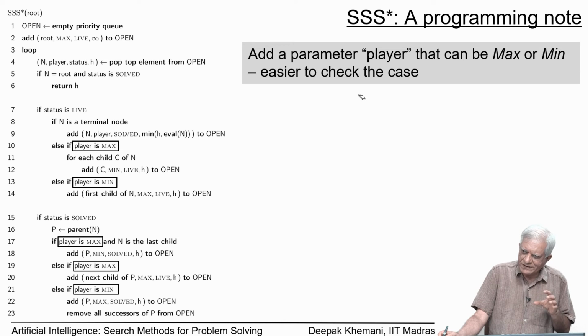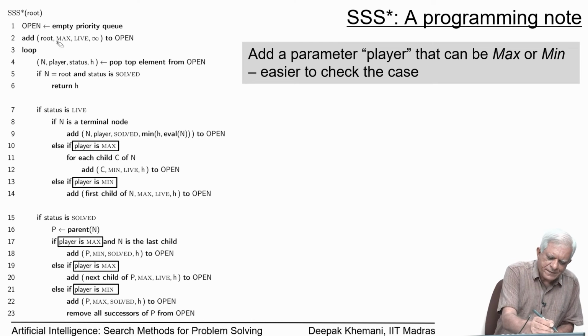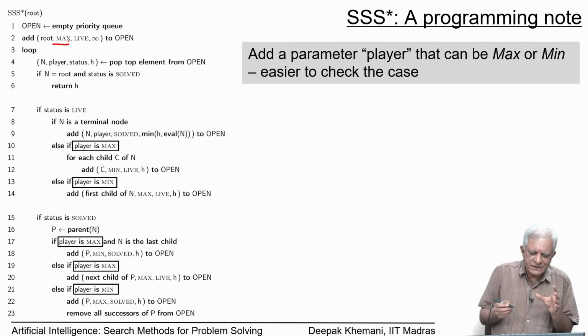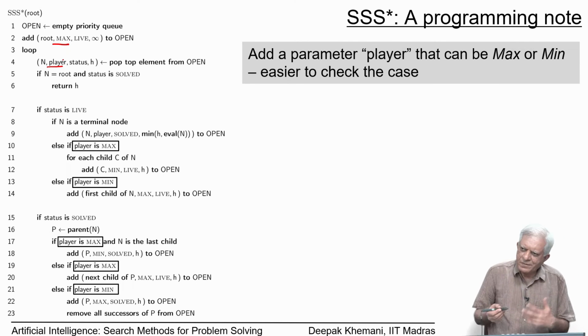Now, just a programming note, if you are implementing this SSS star algorithm, we keep saying if it is a max node do this, if it is a min node do that. How do we identify that essentially? So, one way that you could do that is by adding another parameter to the representative. Instead of making it a triple which had root, status and h, now you add this 4th parameter called player essentially.